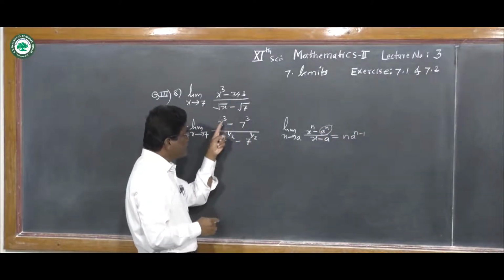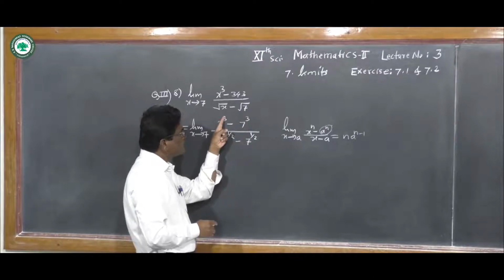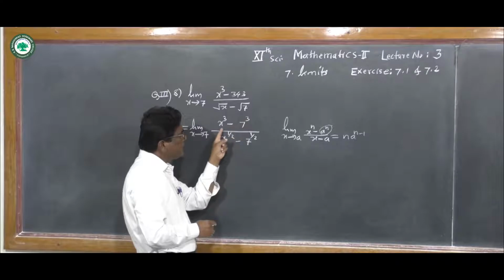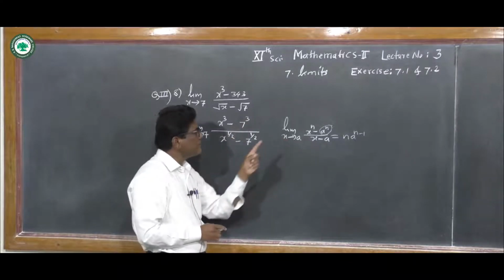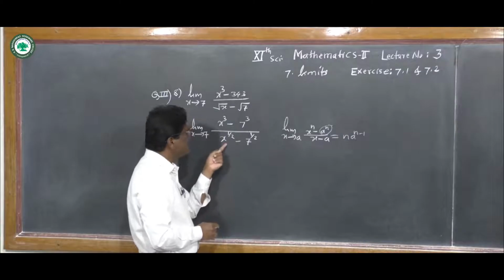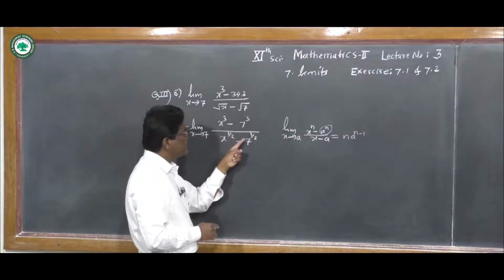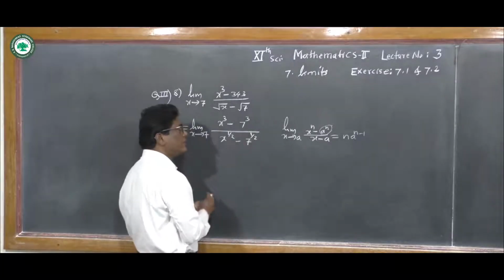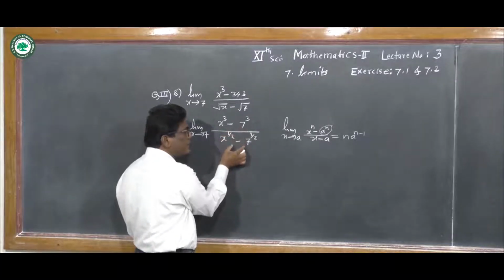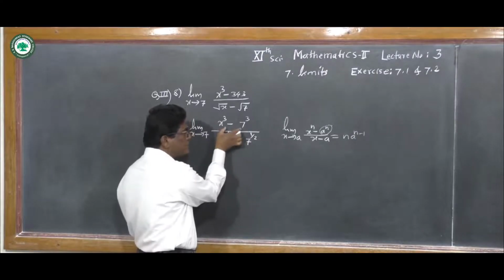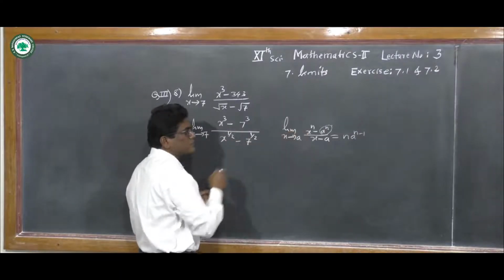Now in the numerator the powers are the same, x to the power 3 minus 7 to the power 3. So we must have it divided by x minus 7. In the denominator also, x to the power 1/2 minus 7 to the power 1/2, the powers are the same. So here we divide numerator and denominator by x minus 7, because we need x minus 7 to use this formula.